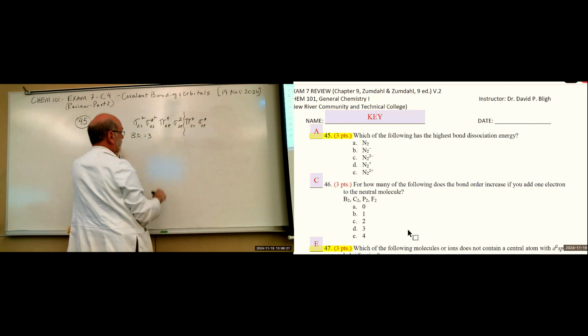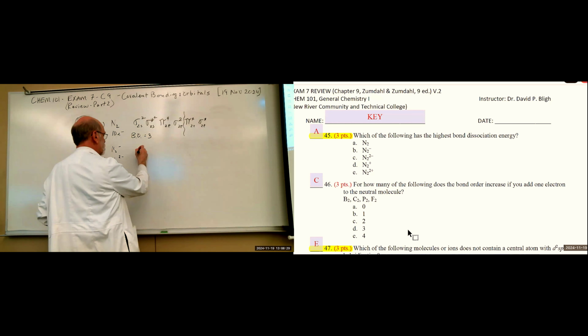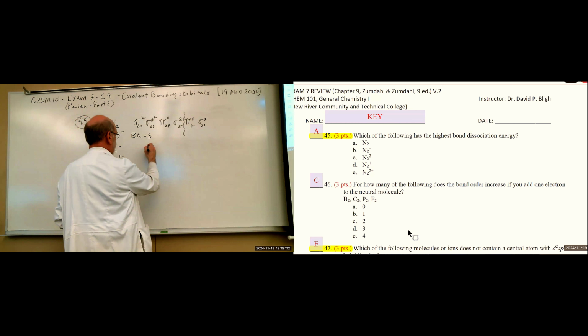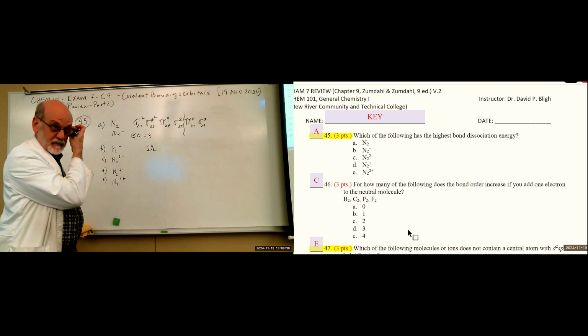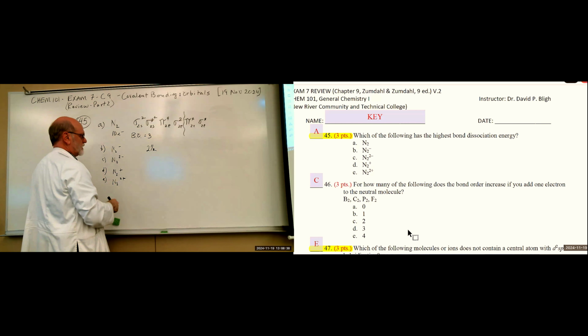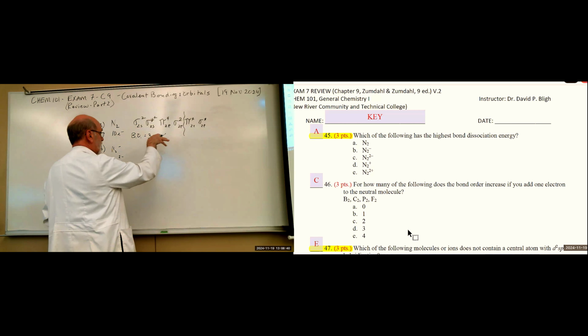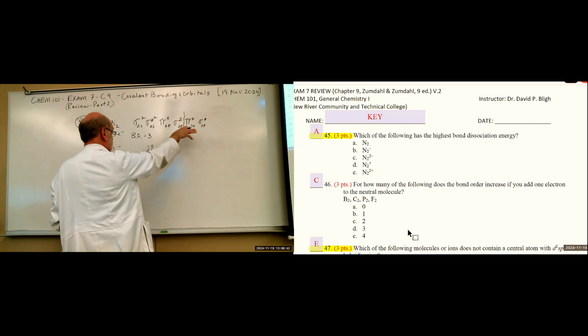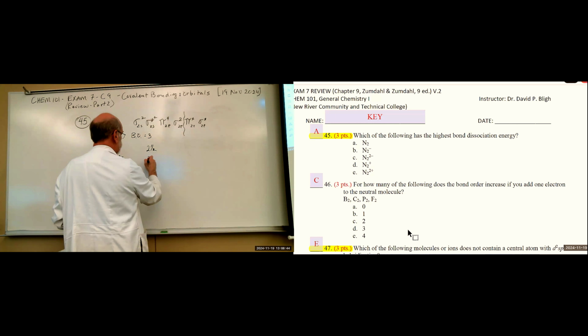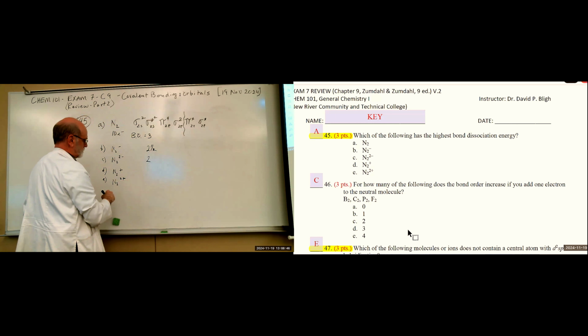It's going into an anti-bonding orbital, which would reduce the bond order by a half, because it's divided by 2. It's only 1 electron divided by 2. We put 2 electrons out there, that reduces the bond order by a whole.